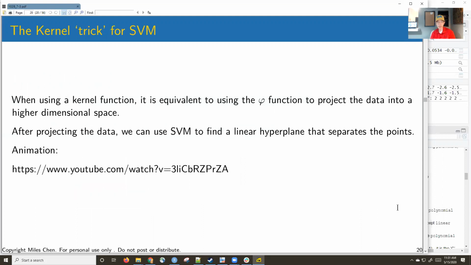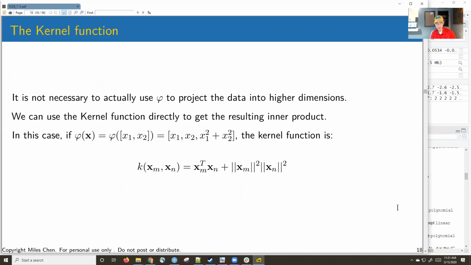And so the point isn't that we have to figure out, here's our transformation function and here's the equivalent kernel. If you try to figure out what the equivalent transformation function is, sometimes you're going to run into problems because the transformation function could actually be of infinite dimension.